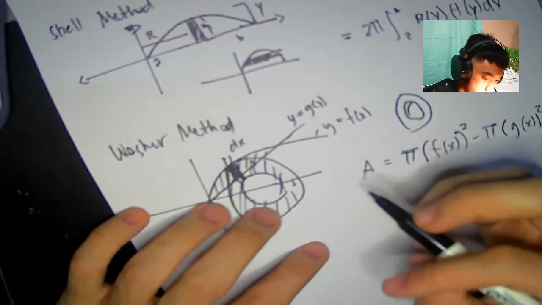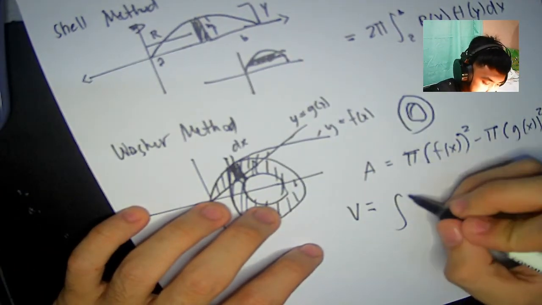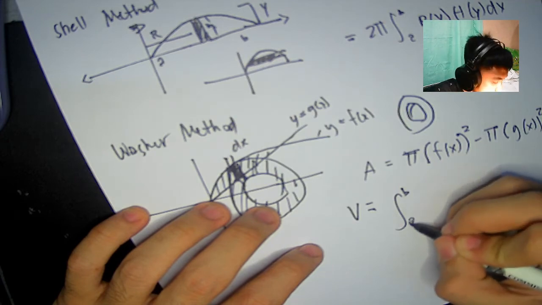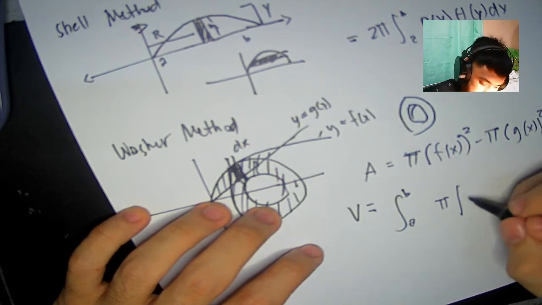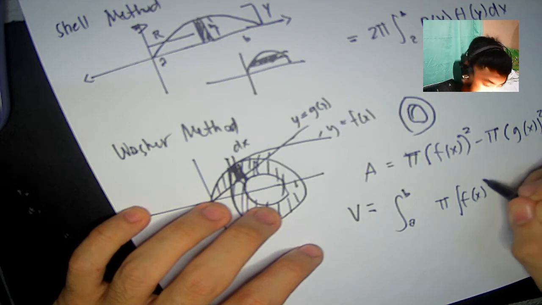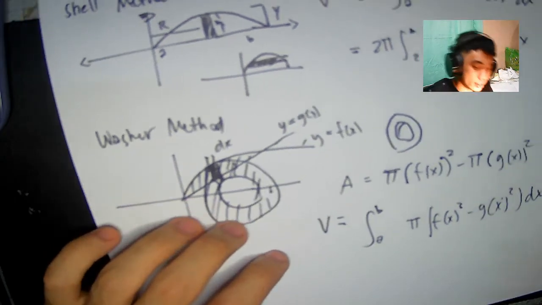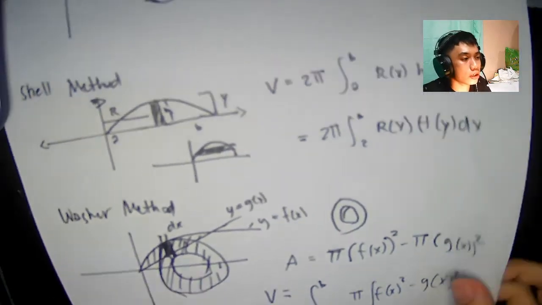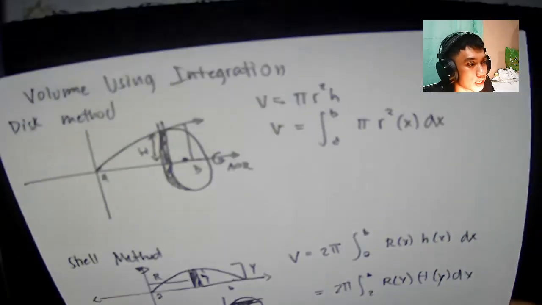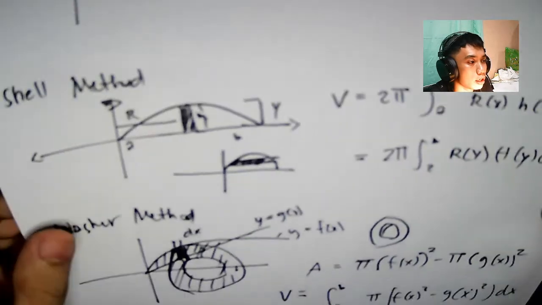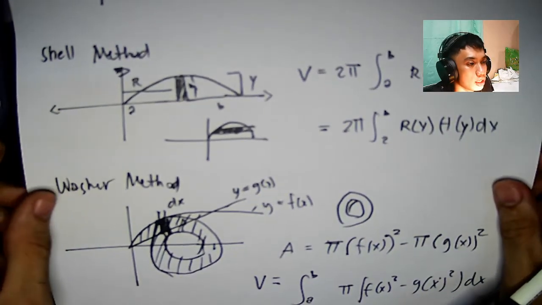So when it comes to volume, we find the upper and lower limits: pi times the integral of f of x squared minus g of x squared dx. Okay, so that is our formula for the three: the disk method, shell method, and the washer method.